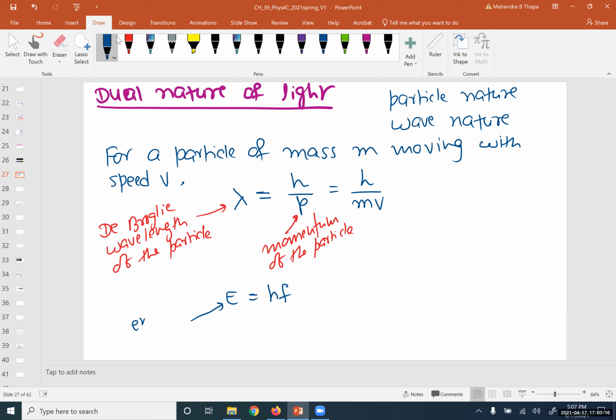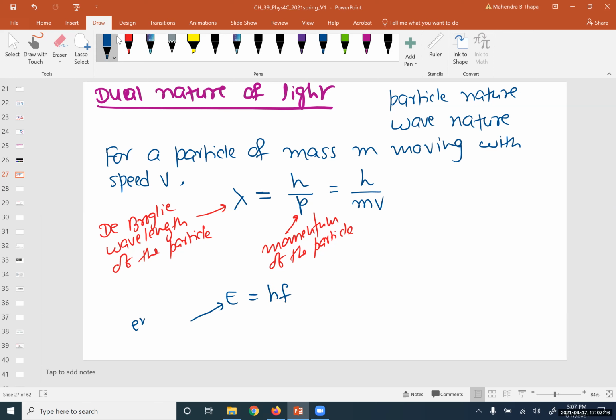All particles will also exhibit this nature, what is called the dual nature, wave nature and particle nature. Similarly, for electromagnetic waves like X-rays and the electron, which is a particle: you know that X-rays are waves and electrons are particles.